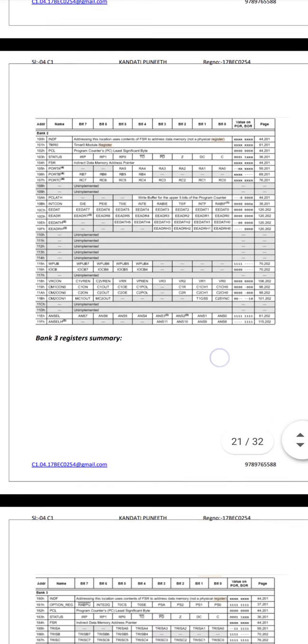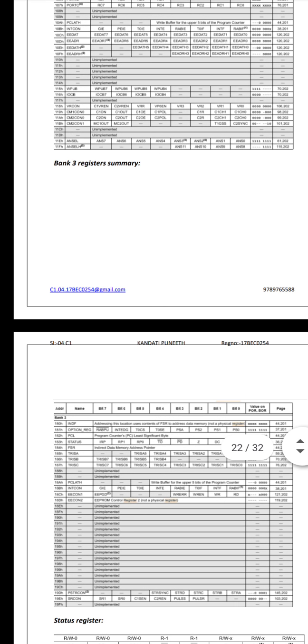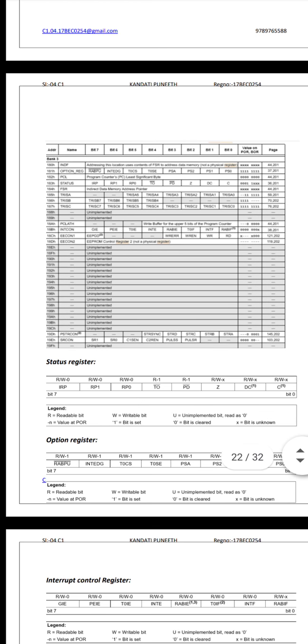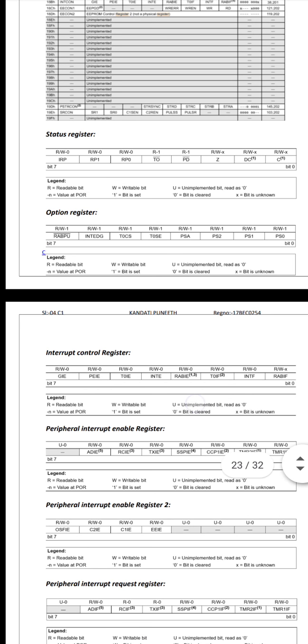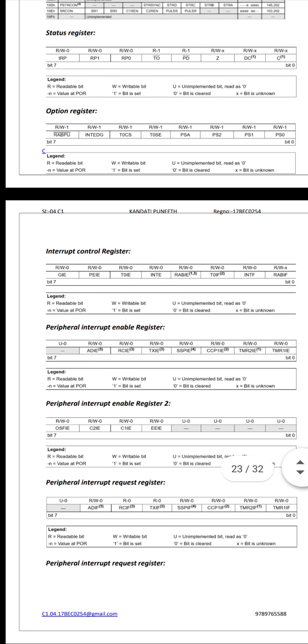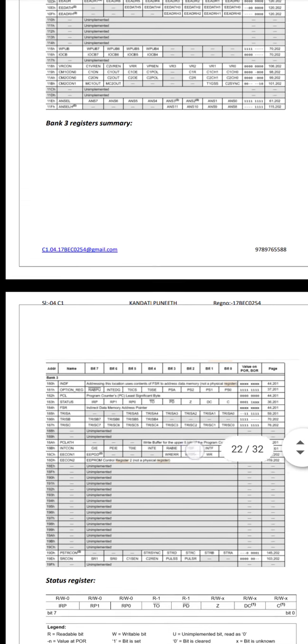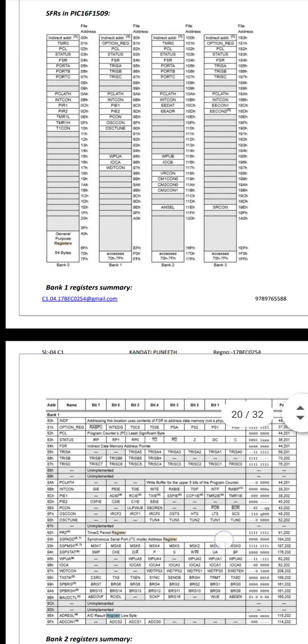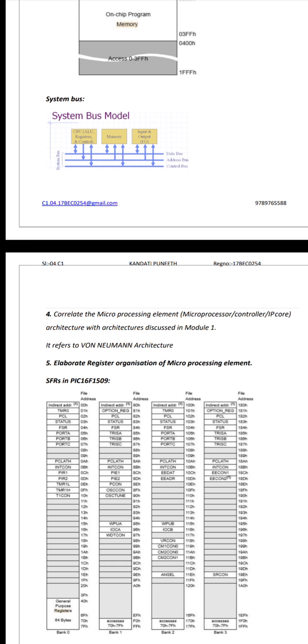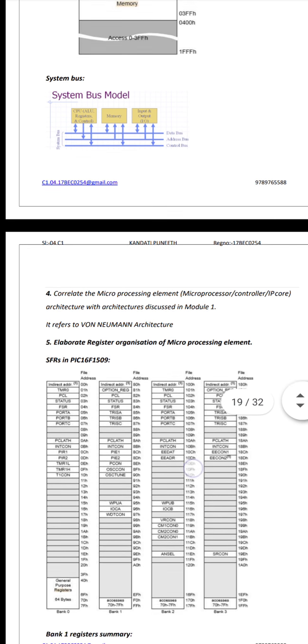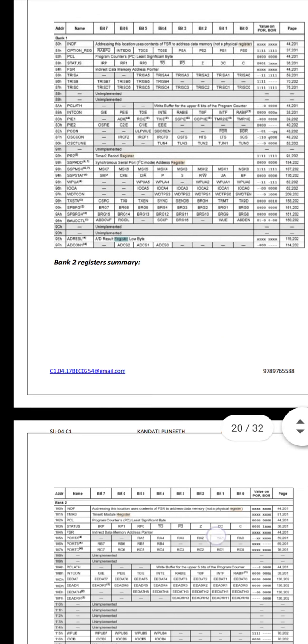We discussed it. This one, bank 3 register summary, status register, option register, and this is the interrupt control register. These are all the elaborated register organization of the microprocessing element.